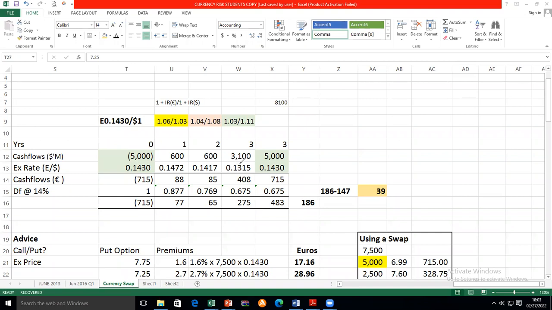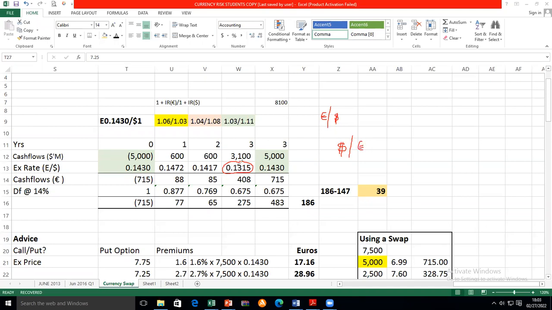These are euros on a single dollar. But our exercise price is in terms of dollars on a single euro.